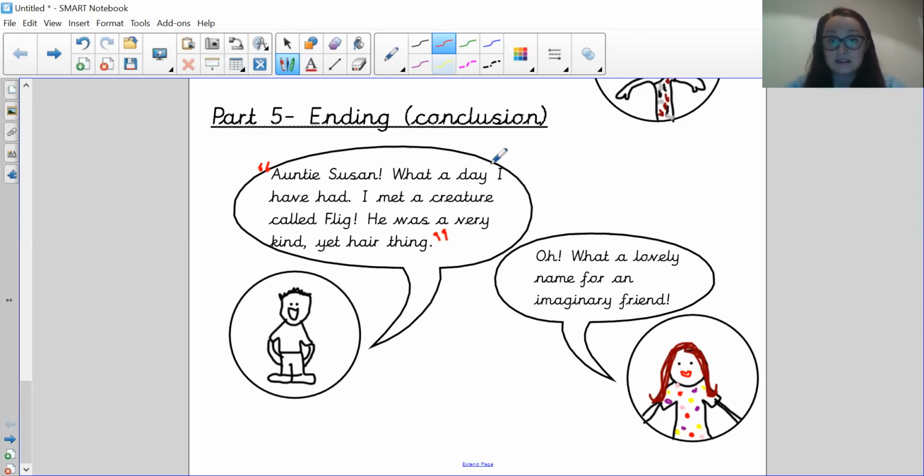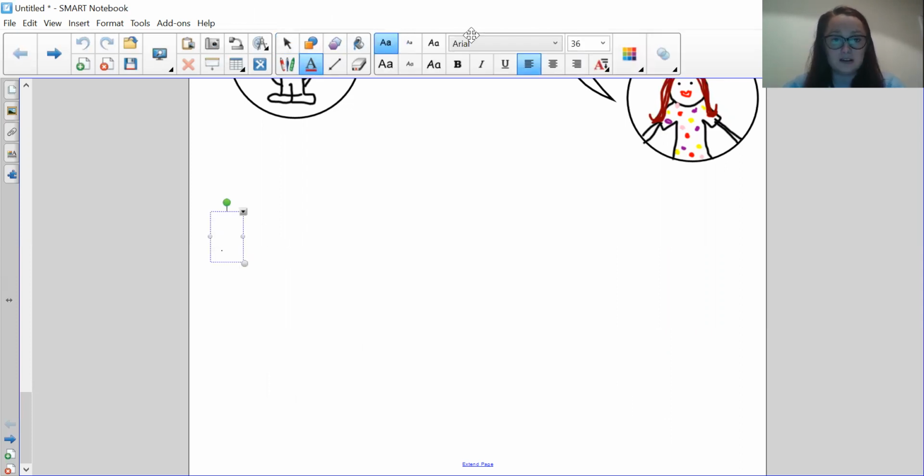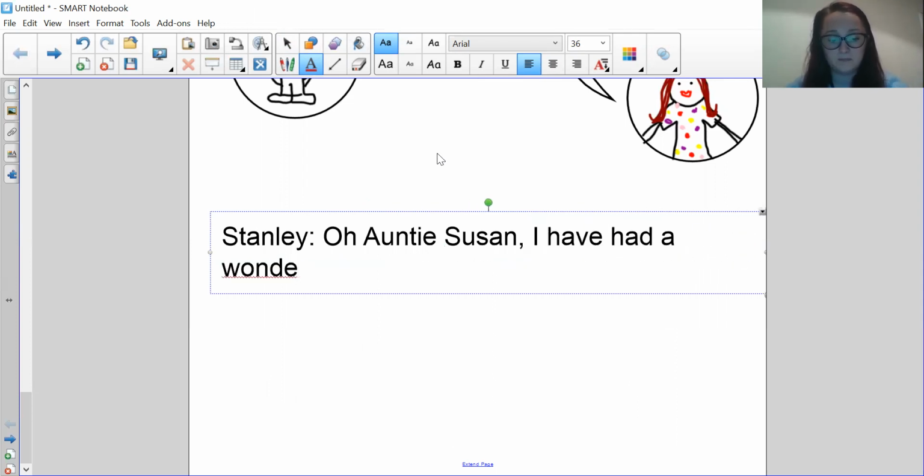Now, you don't need to set it out like Miss Dunn has. I'll show you an example. You could set it out like Miss Dunn has with the pictures and the writing, but I know that some of you will spend a lot more time on the drawing rather than the actual writing. So what you could do is set it out like this. Stanley: "Oh, Auntie Susan, I have had a wonderful day."